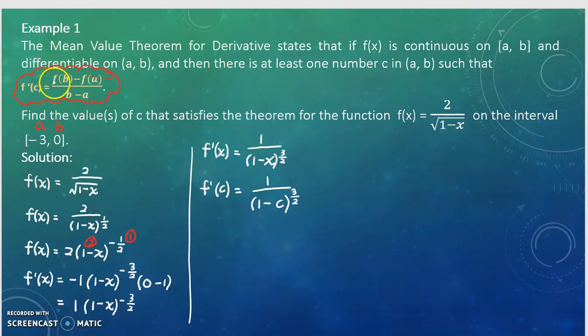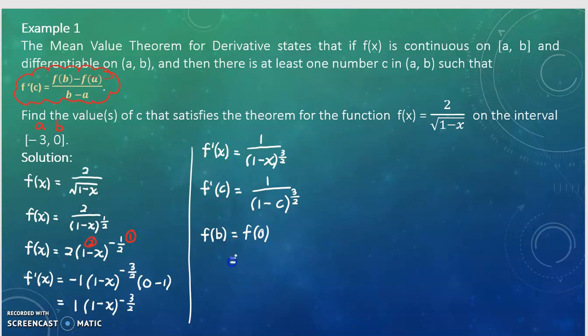Next, here is f(b) minus f(a). I will try to find the value of f(b). f(b) will be equal to f(0), where b is 0. If you look properly, we substitute 0 into the function f, not f'(x), but f(x).